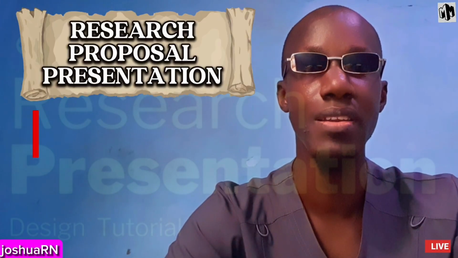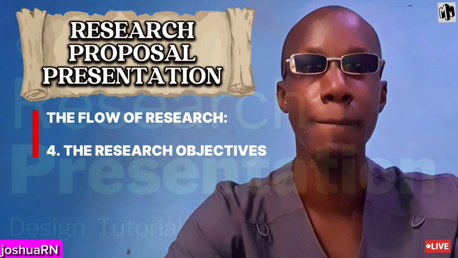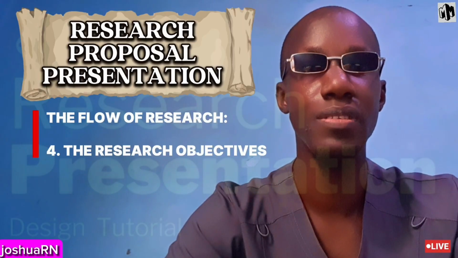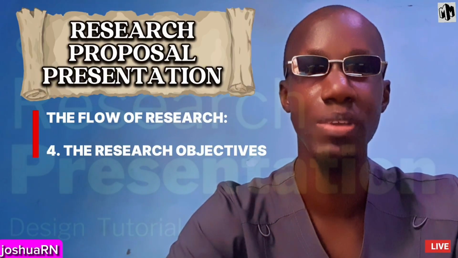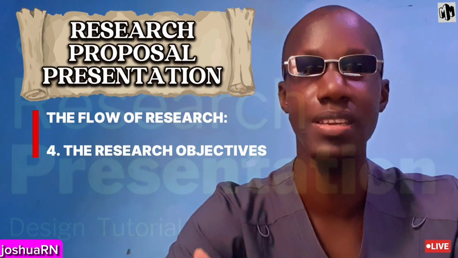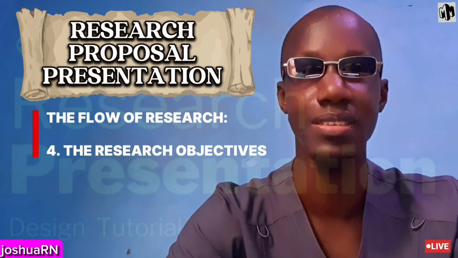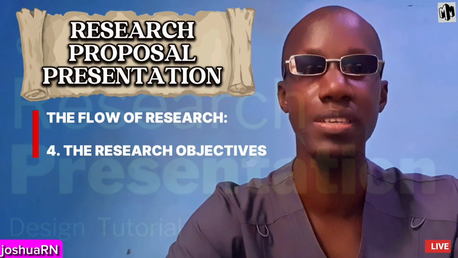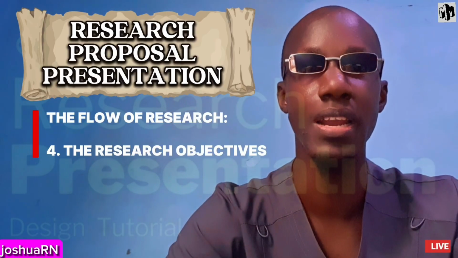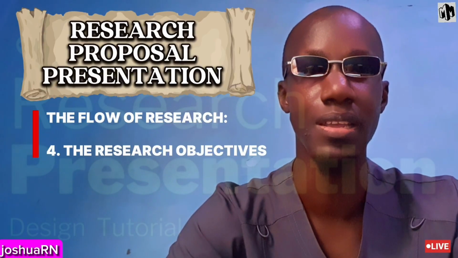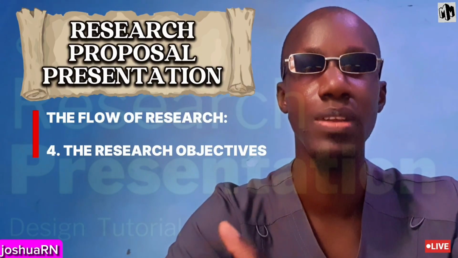Then three, research objectives. One general objective is always required, and it should be in line with the title. You just convert the title to a question to some extent. Then the specific objectives that fall under the general objective should be in line with the variables that you are studying, maybe knowledge, attitude, and practices.